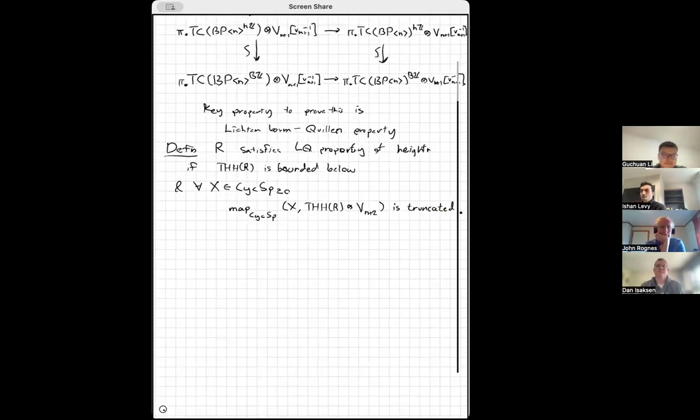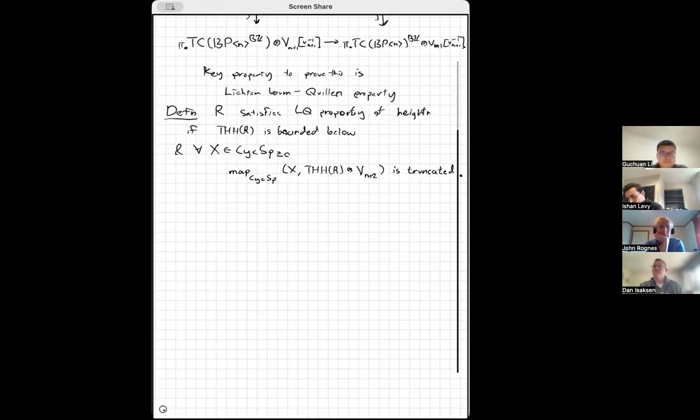Okay, so let me give you some examples of what this entails. For example, you can take X to be the sphere, and then you learn that maps from the sphere into this is truncated, which is the same as TC.